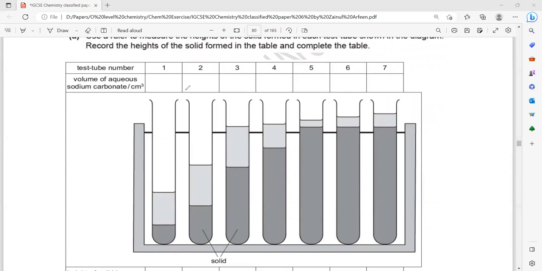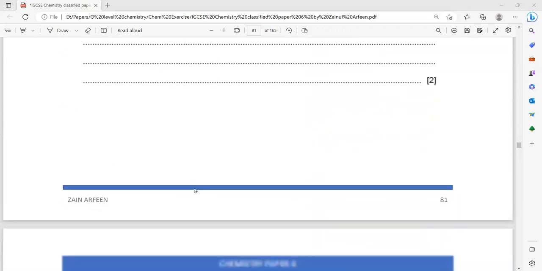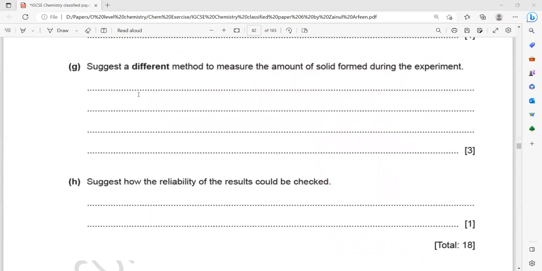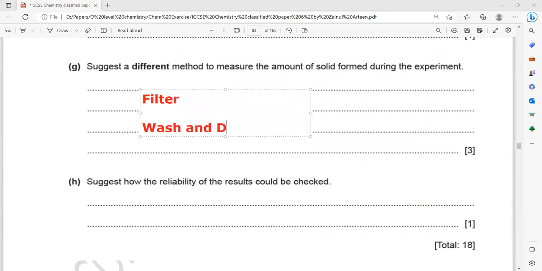That's why it's worth 3 marks. Whenever an insoluble salt is produced by a precipitation reaction, we wash and dry it, and then we can weigh the precipitate.